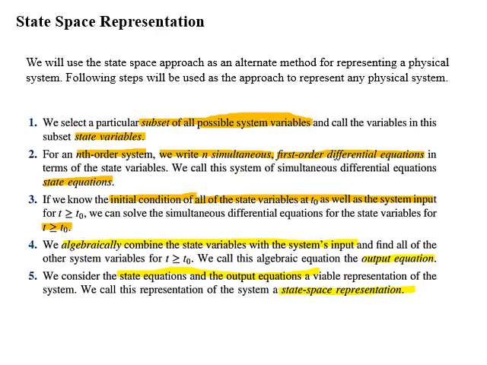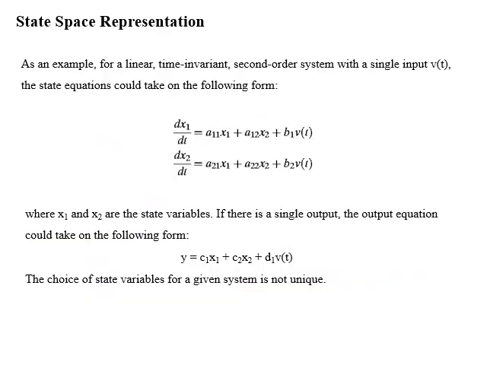Dear students, as an example, a linear time invariant second order system is represented in state space model where x1 and x2 are its state variables, with a single input v of t.